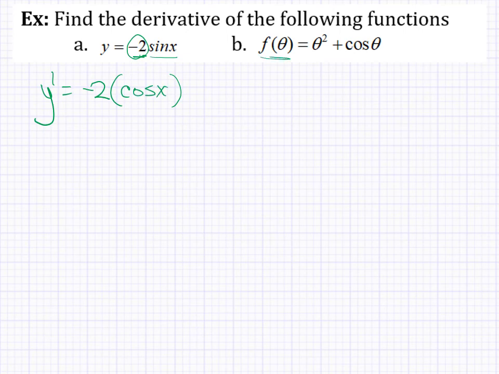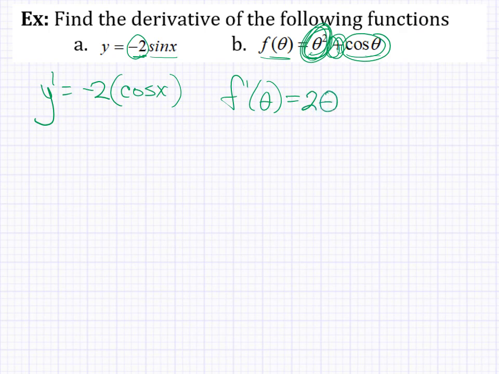This over here, f of theta equals theta squared plus cosine theta. Same deal here. If I want to take the derivative of f with respect to theta, since these are added together, I can use my sum rule that says I can take the derivative of theta squared and cosine theta separately, theta being my variable here. So theta squared would be power rule, so I would get 2 theta.